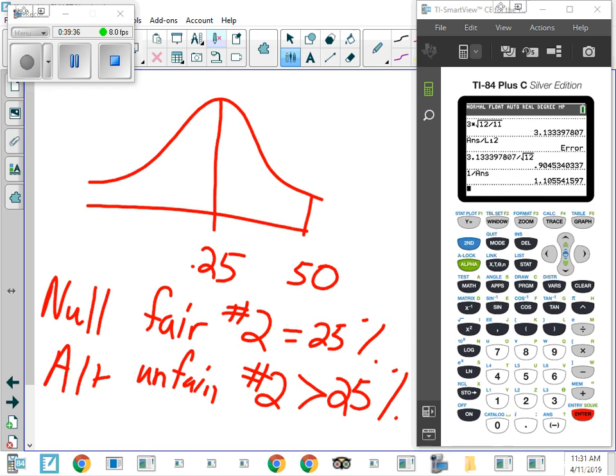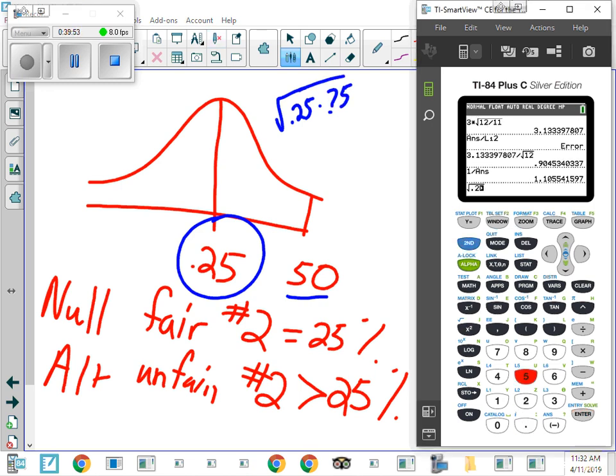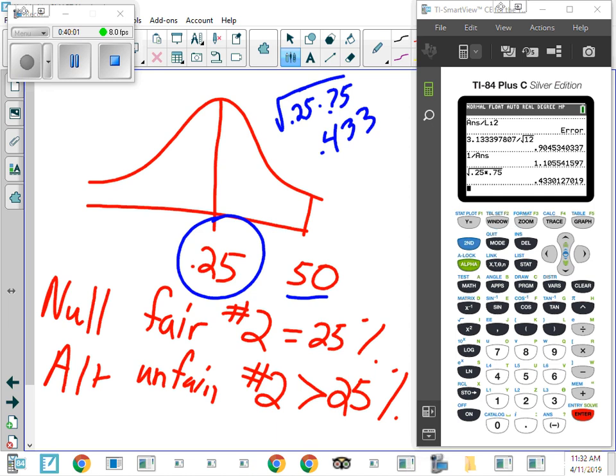What should I use to create my SD? You use the population value whenever you can. When you can't, then you use the SD from the sample. So the square root of 0.25 times 0.75 gives me 0.433.